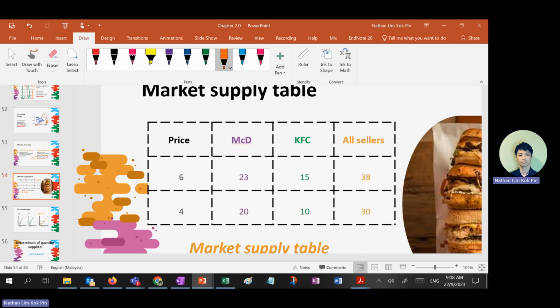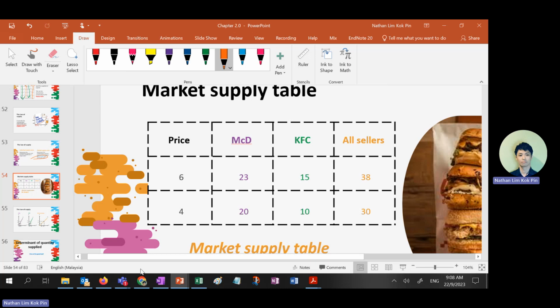At the price of 4, we ask McDonald again. Ronald McDonald, you know who is Ronald McDonald? Do I need to show you? Anyone don't know? Don't know the clown? Okay, I see that you don't know. Seriously?